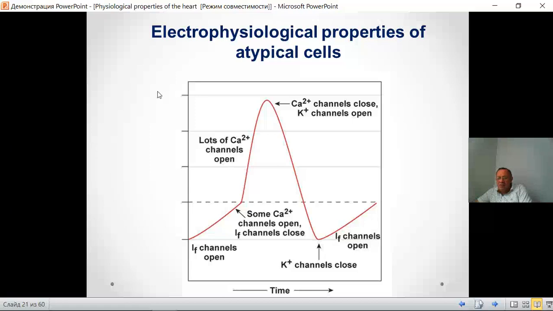And phase number 4, spontaneous depolarization or pacemaker potential. Phase 4 is the longest portion of the SA node action potential. This phase accounts for the automaticity of SA nodal cells, the ability to spontaneously generate action potentials without neural input.